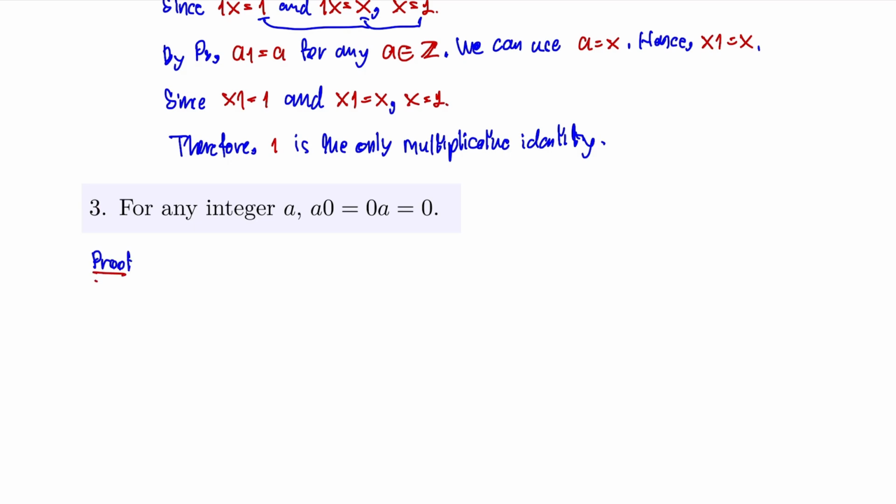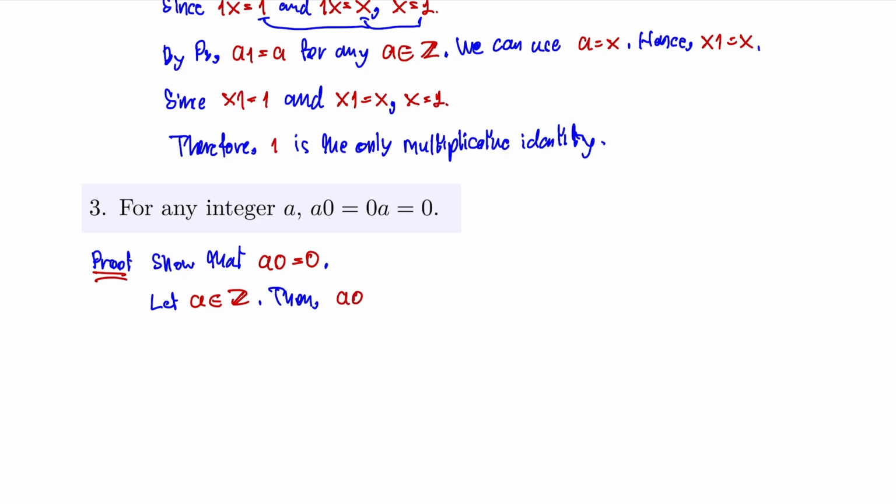I want to show that a times 0 equals 0. So I will let a be any integer.